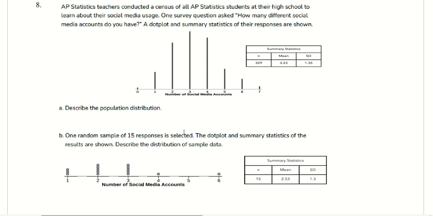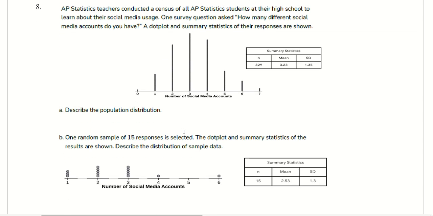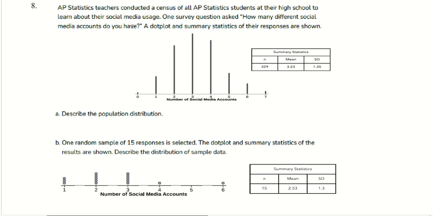All right. So number 8: AP Statistics conducts a census of all AP Statistics students at their high school to learn about their social media usage. One survey question asks, how many different social media accounts do you have? A dot plot and summary statistics of their responses are shown. It says describe the population distribution. Let's zoom in on this a little bit.